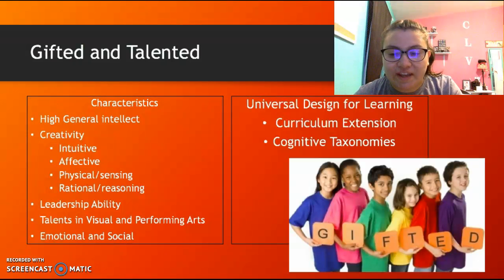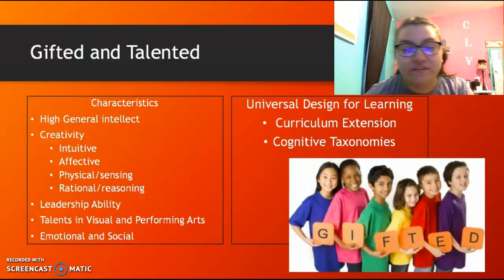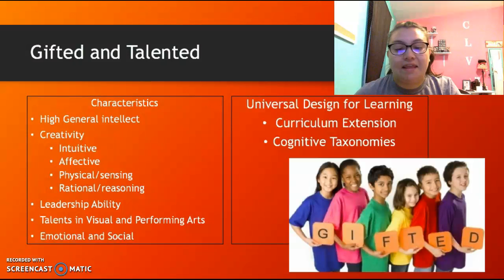Two strategies that can effectively adapt the curriculum for students who are gifted include the use of curriculum extension techniques and the application of cognitive taxonomies to design activity, lesson, and also unit plans.